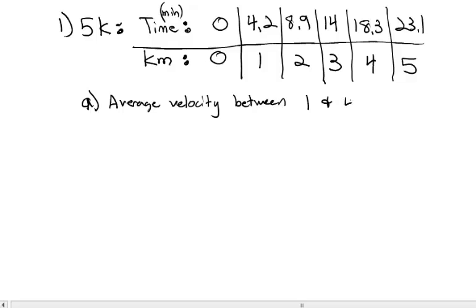Actually, let's pick some better values. Let's say my average velocity between kilometer 2 and 4.